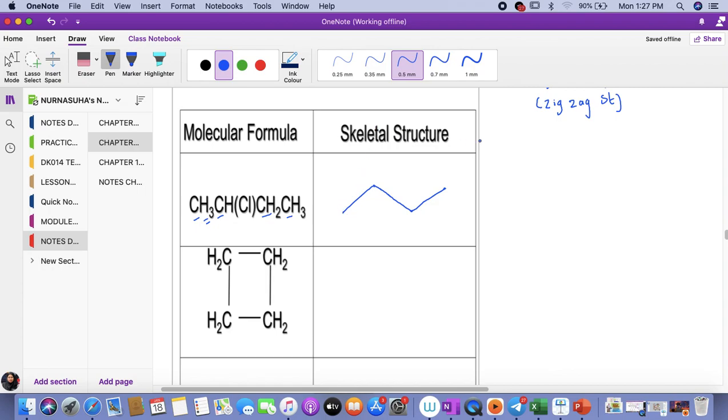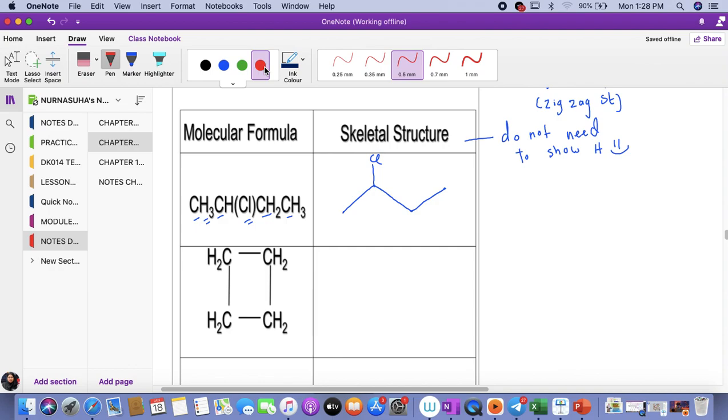Now, for skeletal, we do not need to show hydrogen. Ni yang best ni. Kita tak perlu tunjuk hydrogen. So, biar je macam ni. So, sebenarnya basically ada je hydrogen ni 3, tapi kita tidak tunjuk. However, for this here, chlorine kan functional group, kita kena tunjuk. So chlorine attached to the second carbon. So, tunjuk chlorine tu.